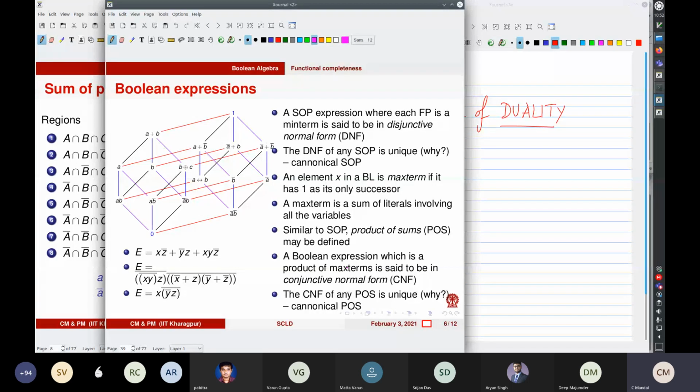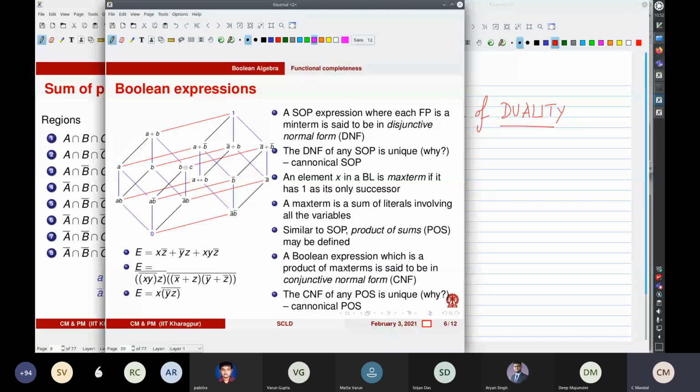Of course, you can prove it all the way, just as we developed the theory based on the properties of a lattice and came up with the irredundant, irreducible sum.